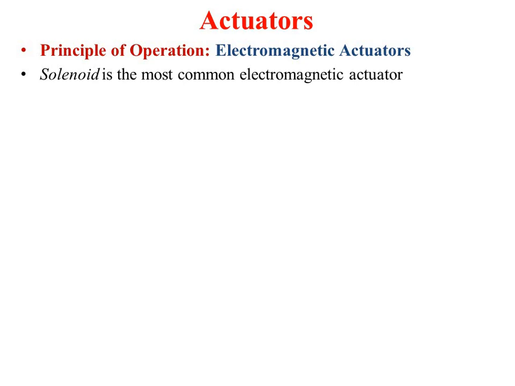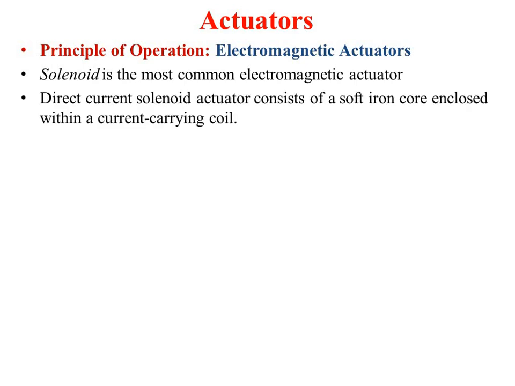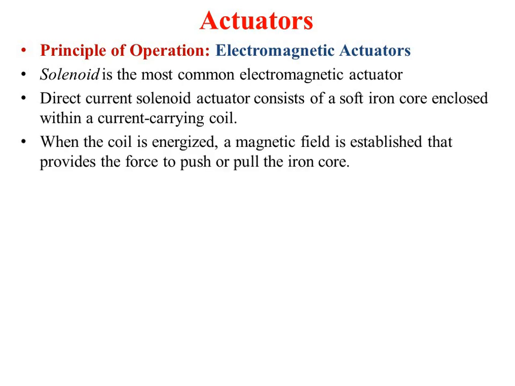So let us try to understand how the solenoid works once again. So the direct current solenoid actuator consists of a soft iron core enclosed by a current carrying coil. So when you pass the current through the coil, the magnetic field is established, and that will force to push or pull the iron core depending upon the current direction.